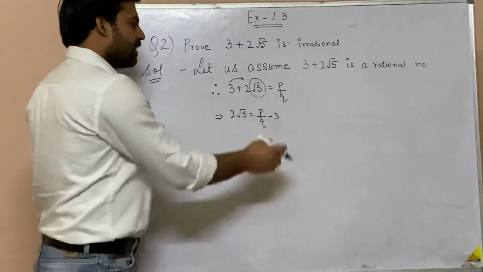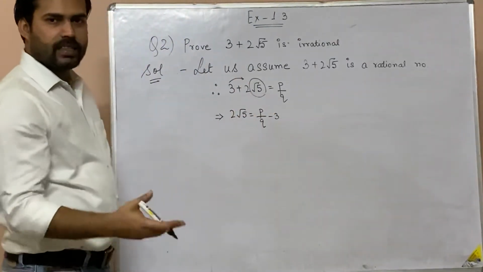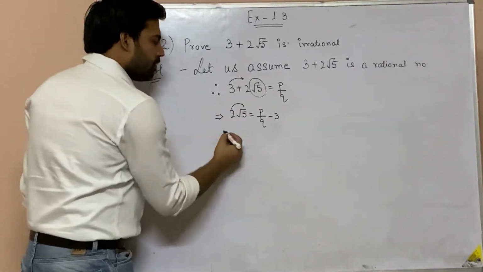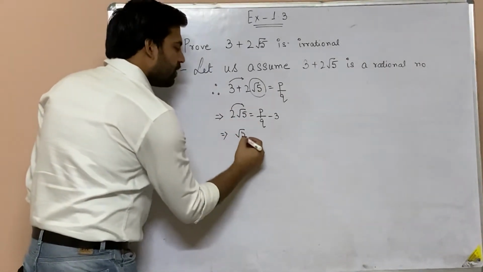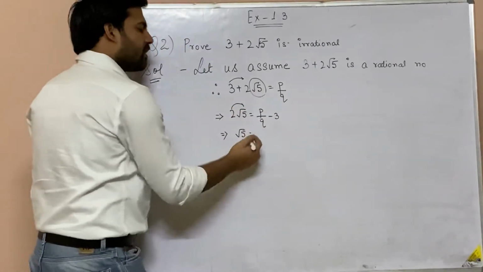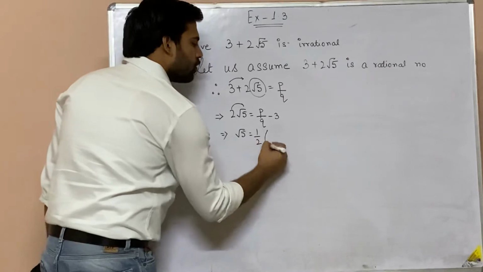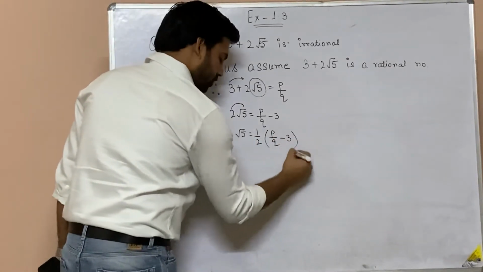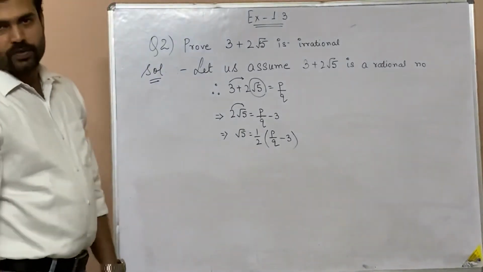Whether you take the LCM or not doesn't matter. Now this 2 is to be taken to that side, and it becomes divide. So root 5 is equal to 1 upon 2 times p upon q minus 3. So this is what we got.